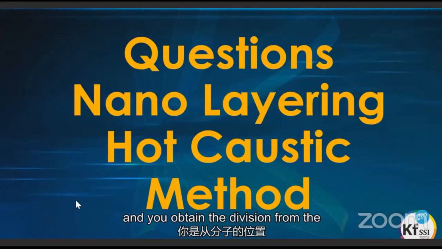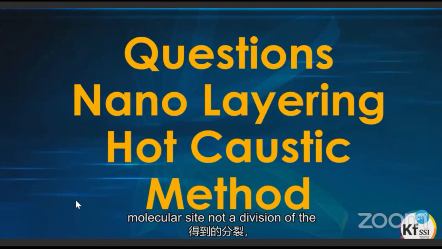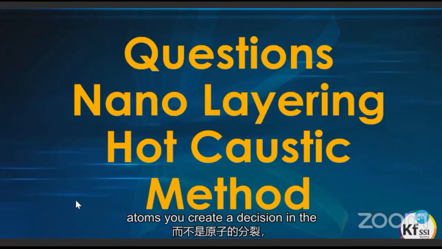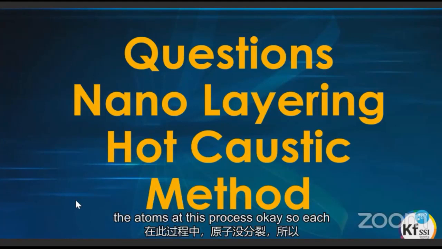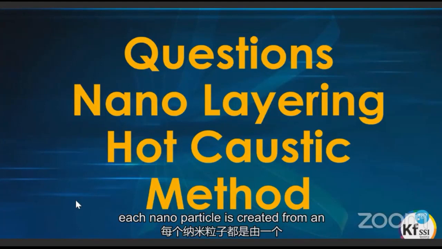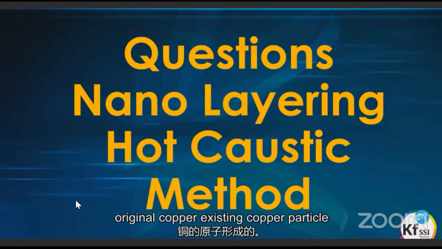You obtain the division from the molecular state, not a division of the atoms. You create a division in the molecular structure. You are not dividing the atoms in this process. Okay, so each nanoparticle is created from an original existing copper particle.